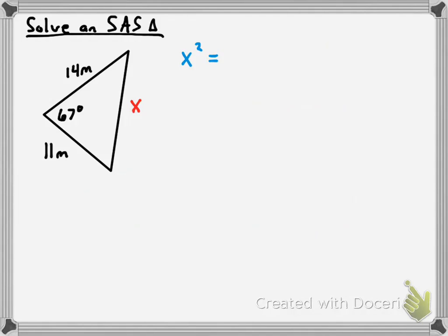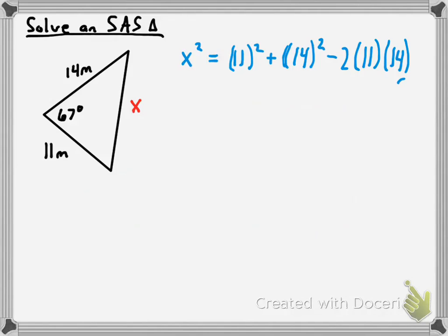And so you just say that it equals the sum of the squares of the other two sides, so that's kind of like your c squared equals a squared plus b squared. Then you're going to subtract twice the product of your a and b, essentially, times the cosine of the angle that's across from the side that you're trying to find, 67 degrees.